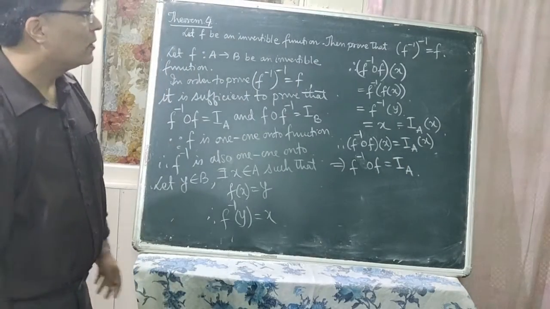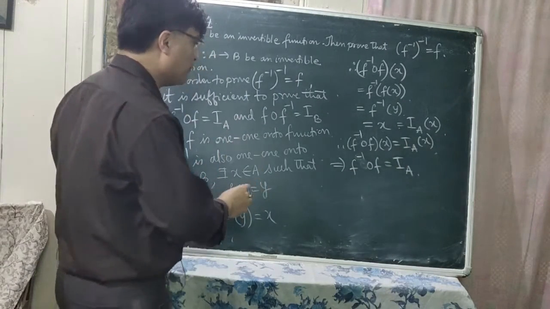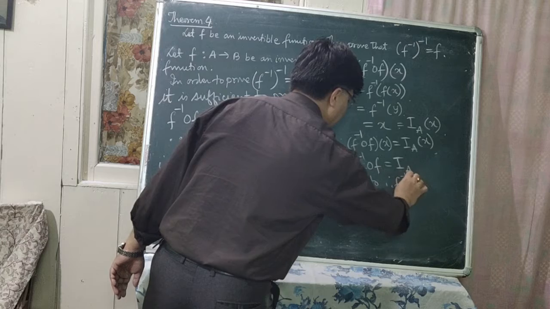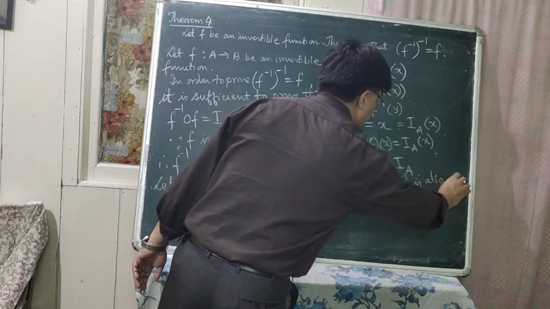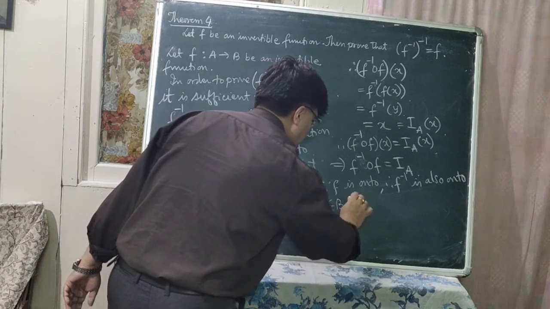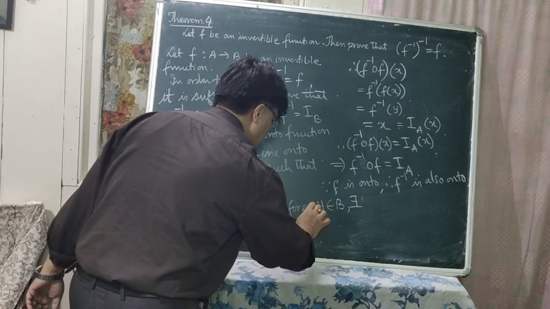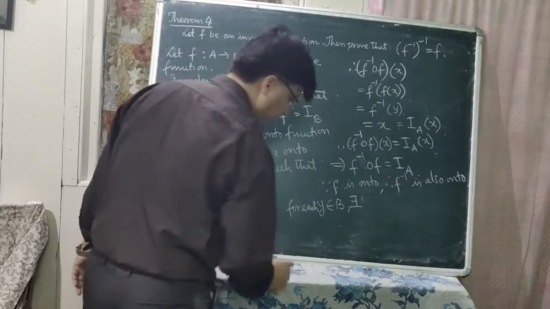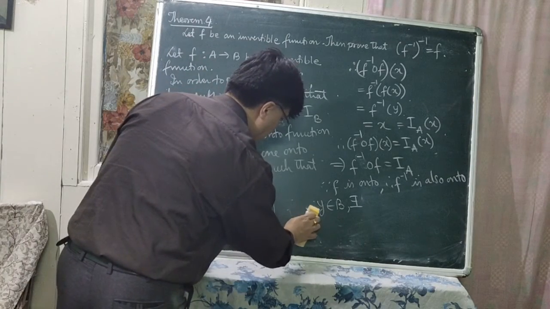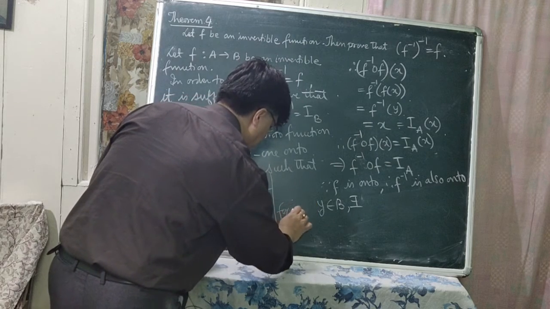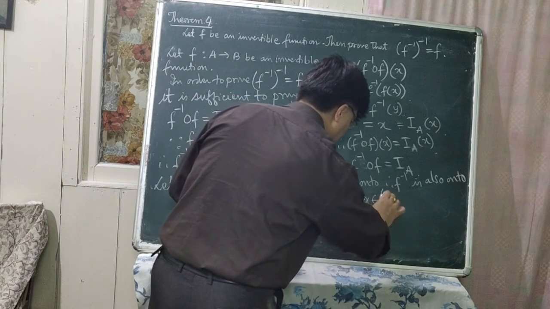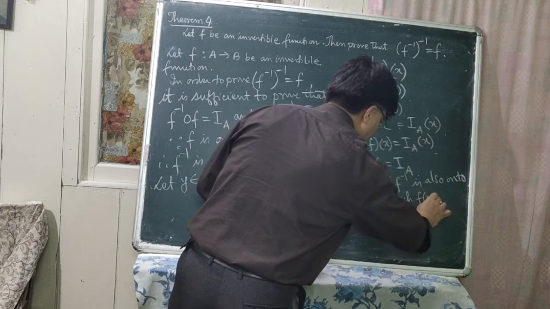Is that clear? So now, since f is an onto function, therefore f inverse is also onto. Therefore, again, say y belongs to the set B. For each y belonging to the set B, there exists x belonging to the set A such that f of x is equal to y.